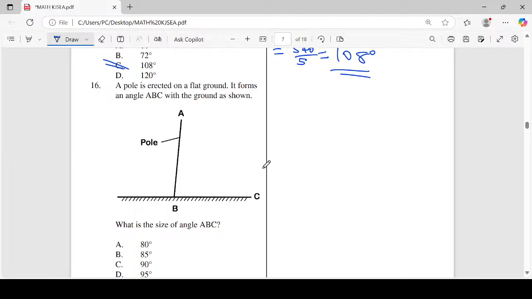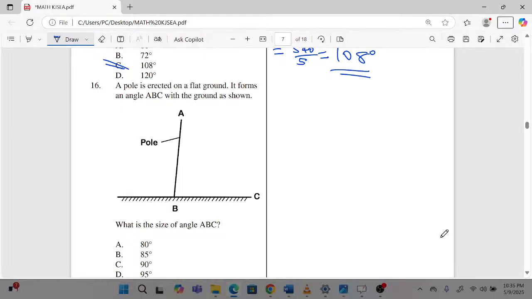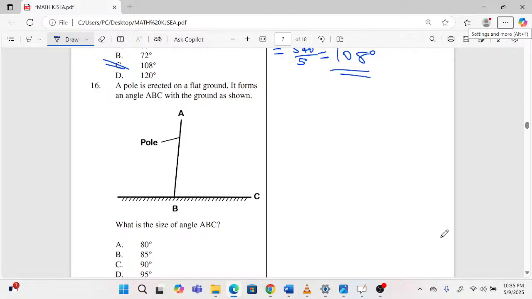Let me get my protractor so that we can have the angle measured.